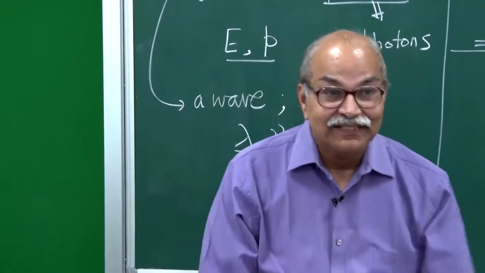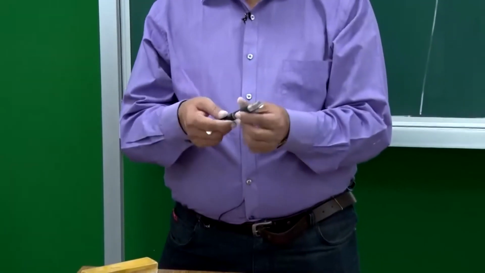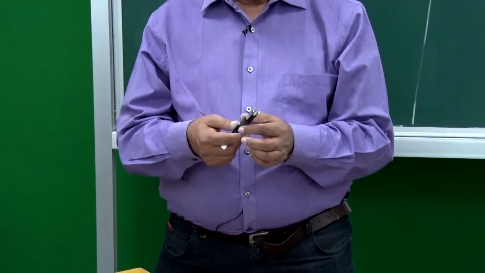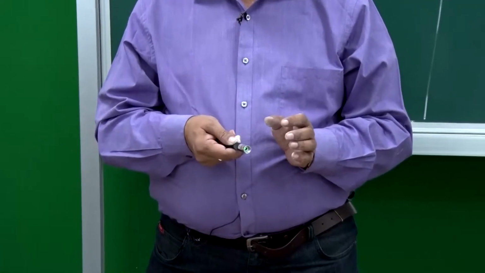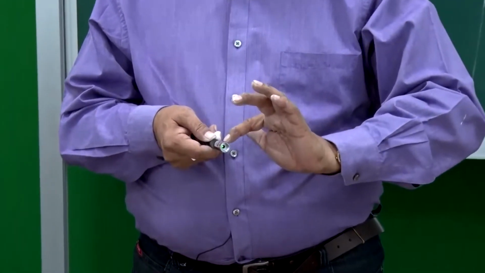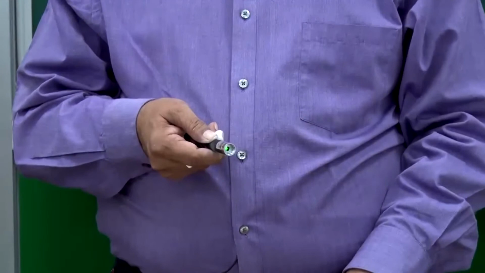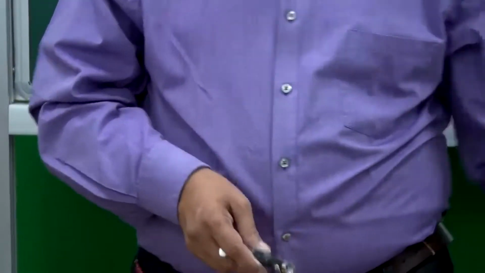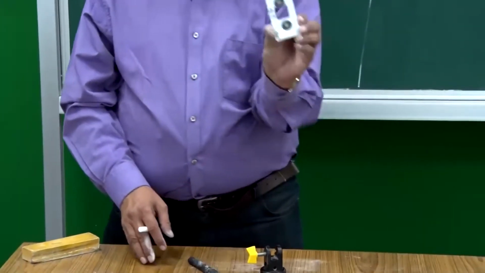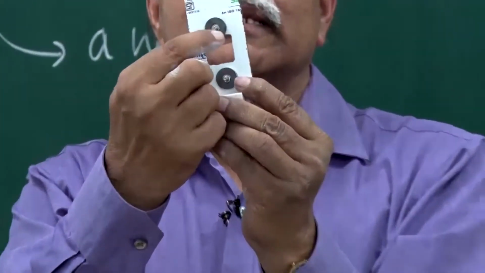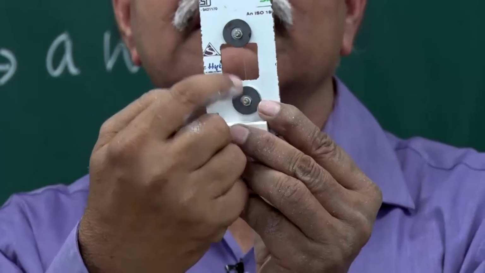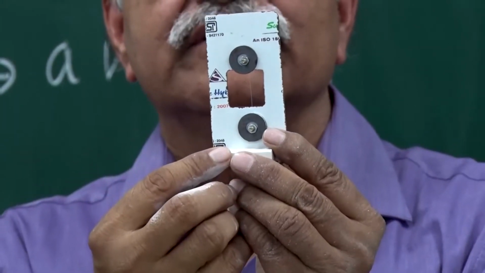So I have here a source of light. This is a laser, green laser. When I put it on, it will just send some green light which will fall wherever it finds an obstacle. And then I have a wire. I don't know if you can see the wire. In this gap you have a thin wire here.